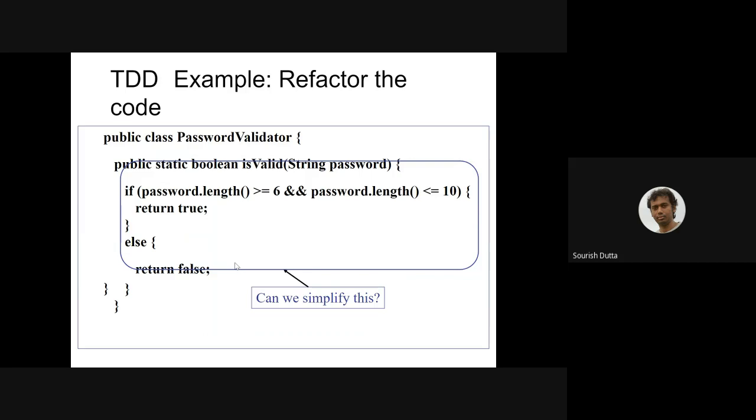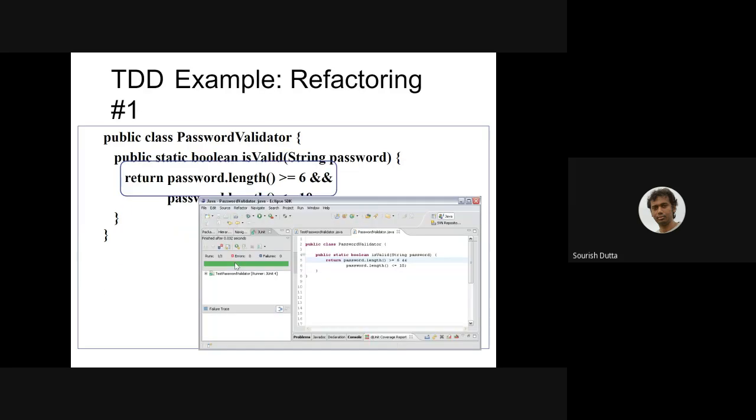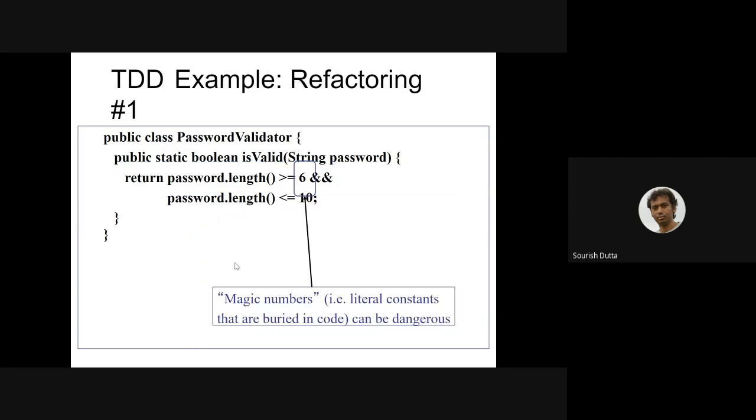Now the question is, can you further simplify this particular line? Okay, we can simplify this by combining these two conditions using and, and removing the if and else. So your refactoring is now getting completed. Another set of refactoring we can do is that we are using a magic number or literal.